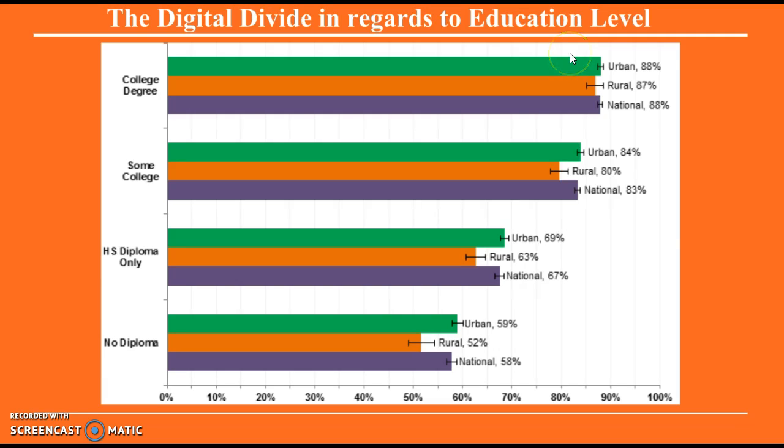So if we look at this educational level, we see that at the top with a college degree, just like the socioeconomic level, we're in the high 80s of people with access to the computer and internet. While when we go down here to our lowest education level, we're in the 50s, just like the socioeconomic level.